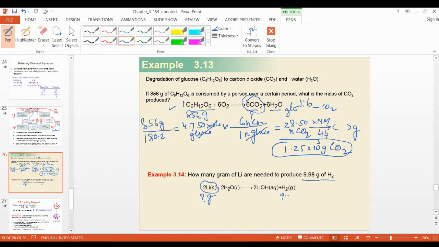Where is the lithium? This is the lithium here. So 9.98 gram of hydrogen is produced. So now this is reverse. In the previous question, the product was asked, but in this question, the product is given and the reactant is going to be asked. Clear?